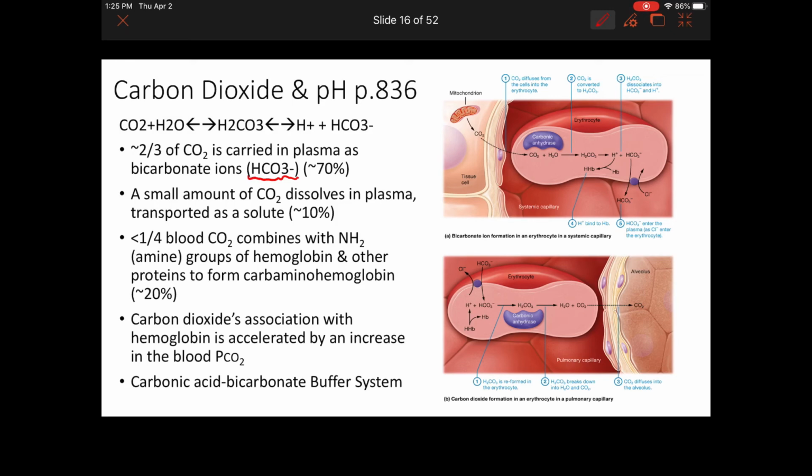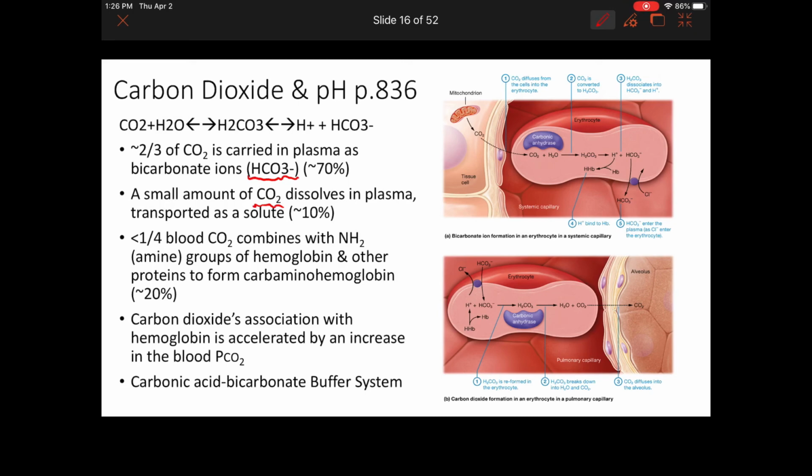A small percentage of carbon dioxide travels by itself, dissolved in the plasma. So roughly about 10% of carbon dioxide is found in the plasma.